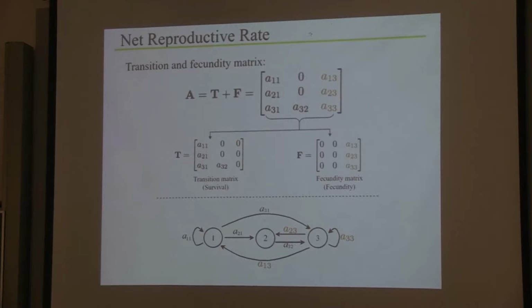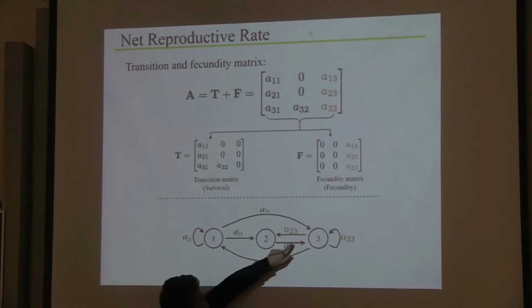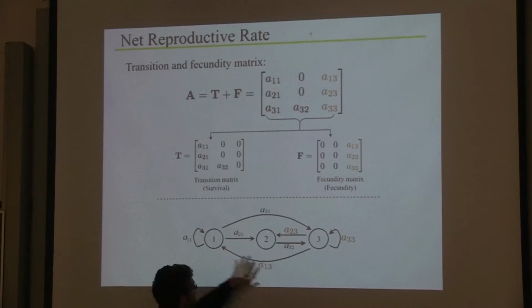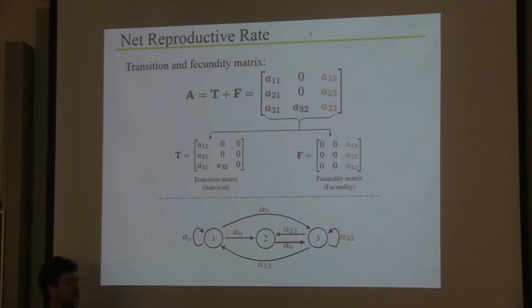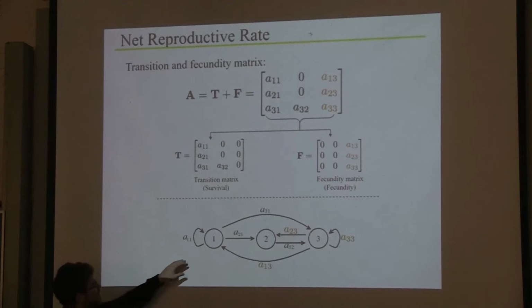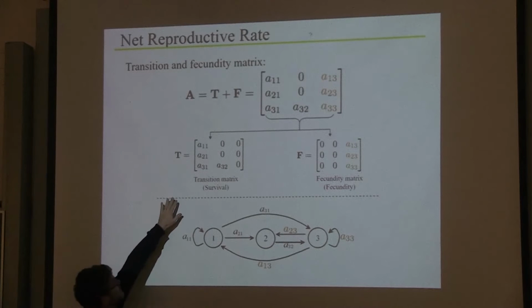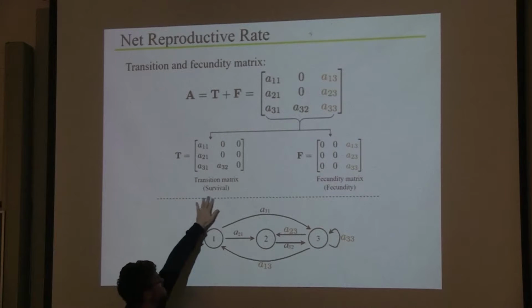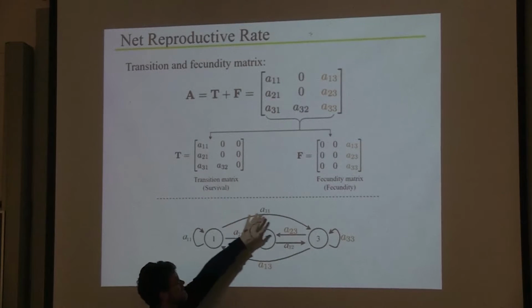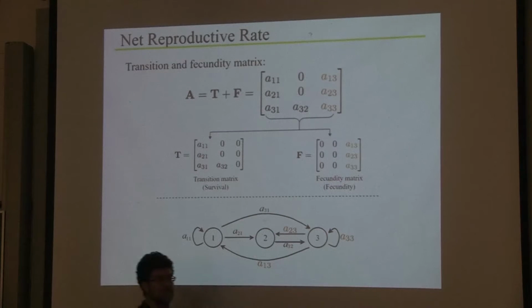And so we have to break down our matrix into two components. Remember early on, these things are fecundities. They're the creation of new individuals. And these darker ones are transitions. And these would be probabilities of making it from one stage to another. So we decompose our matrix A into a survival or a transition matrix and a fecundity matrix.